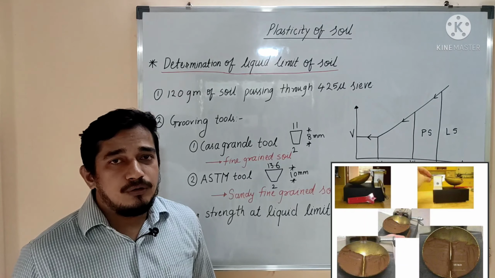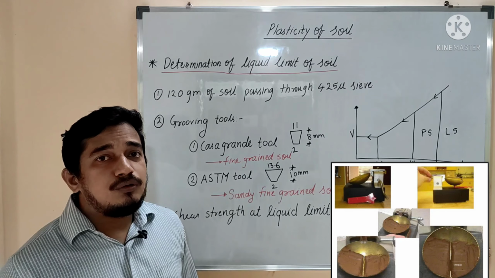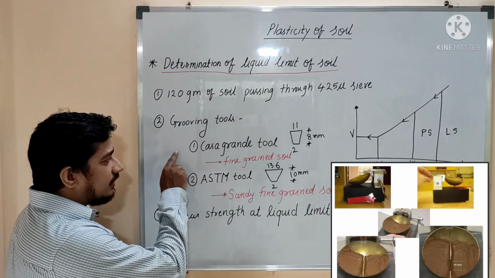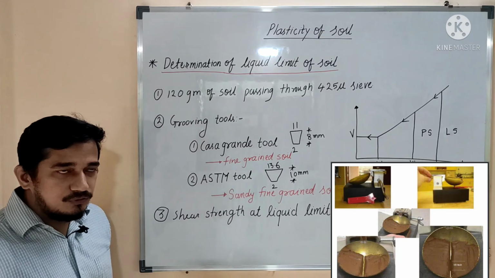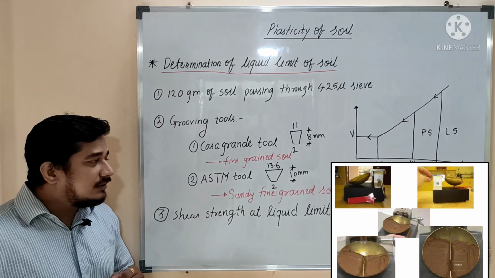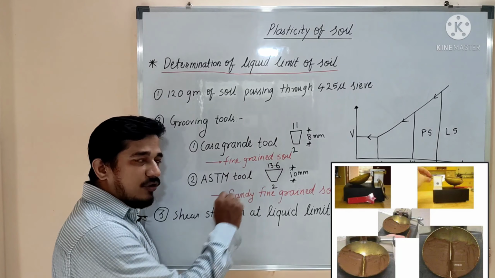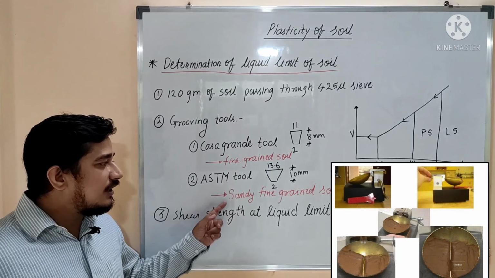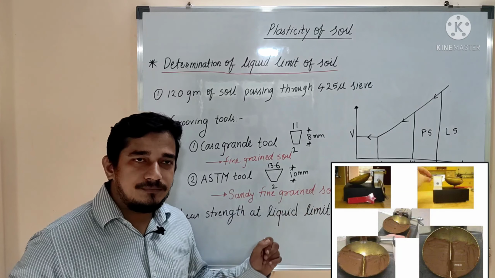Then we are provided with two grooving tools: the Casagrande tool and the ASTM tool. The Casagrande tool is generally recommended for fine grained soil and the ASTM tool is generally recommended for sandy fine grained soil.